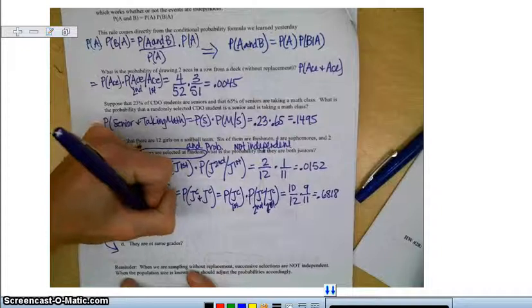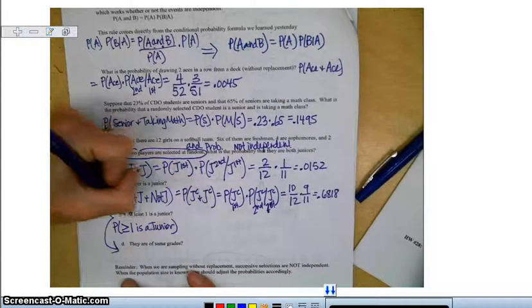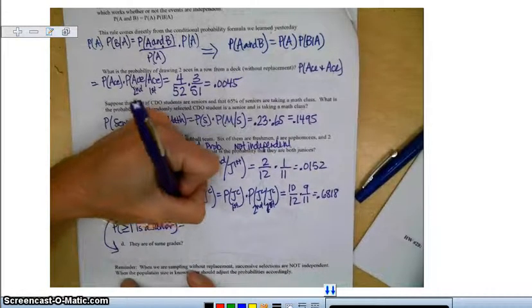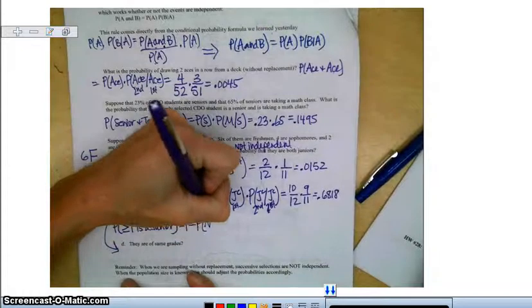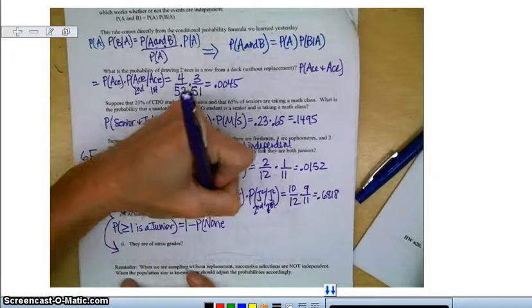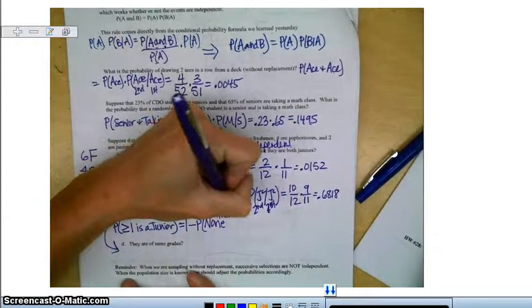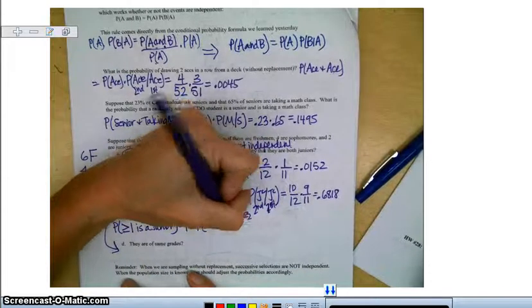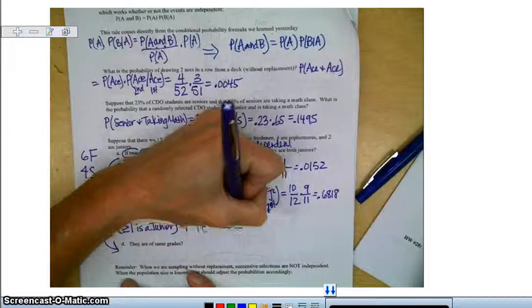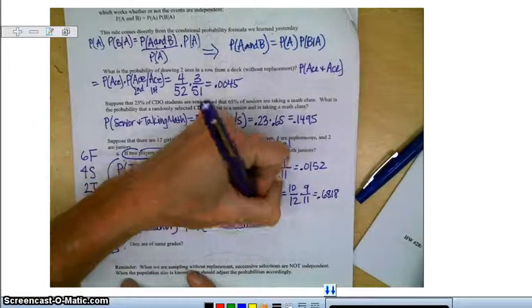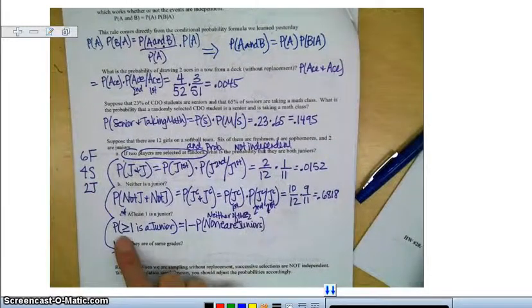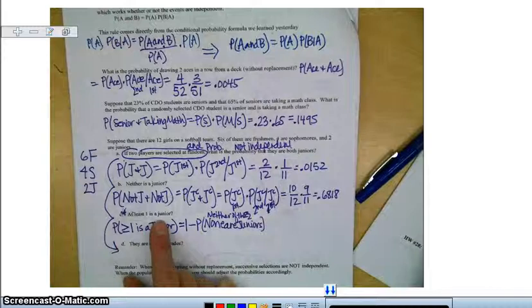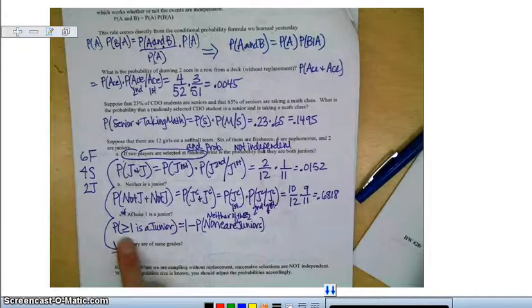The way we always handle "at least" would be the complement: 1 minus the probability that none, or neither, of the two are juniors.